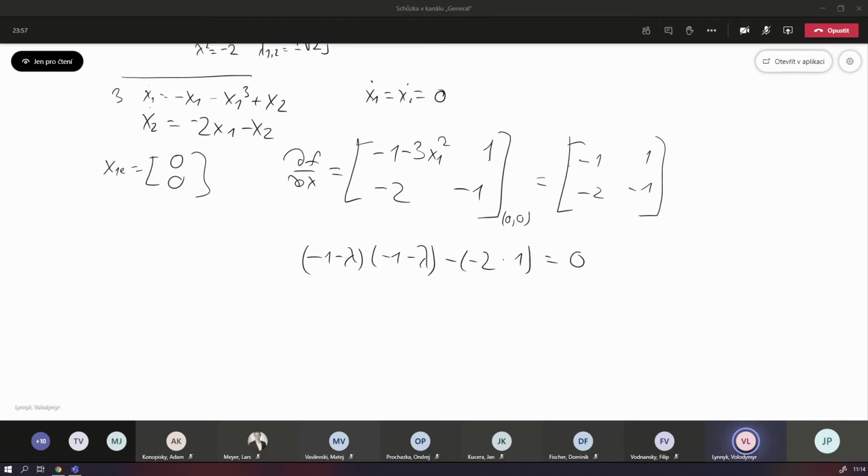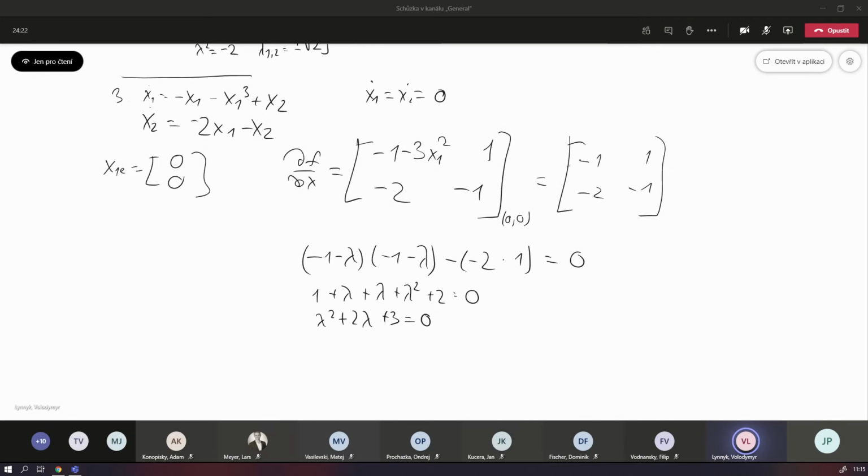Now, okay, it's 1 plus lambda plus lambda plus lambda squared plus 2 equals 0. Okay, lambda squared plus 2 lambda plus 3 equals 0. And in this step, we can say that this system is stable.